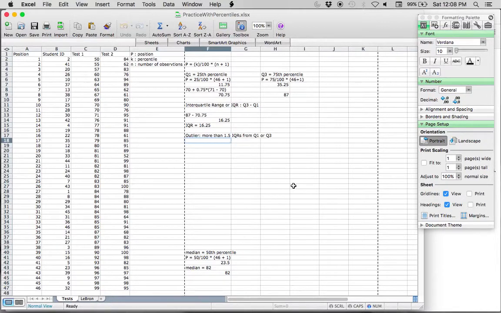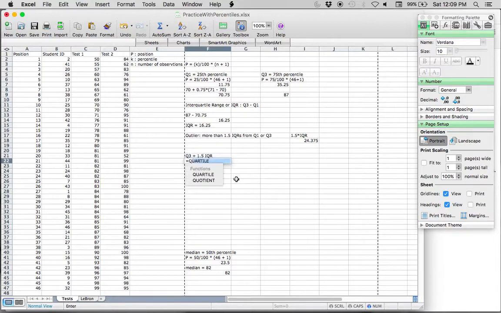So what should we do here? We just find out what 1.5 IQR is. So 1.5 times 16.25, our IQR, is 24.375. So let's see if there's any outliers. We go above Q3, so Q3 plus 1.5 IQR.